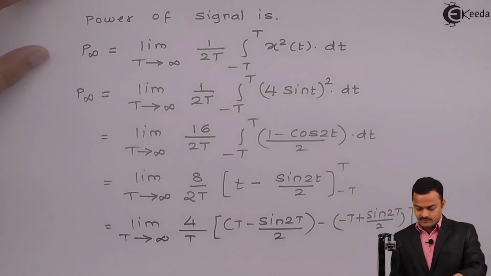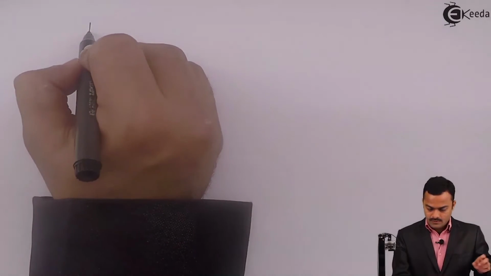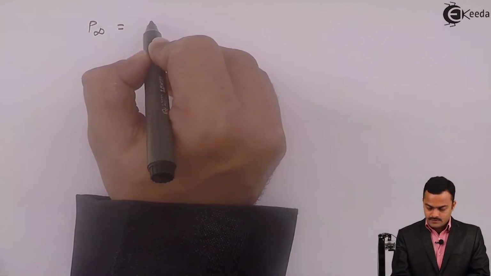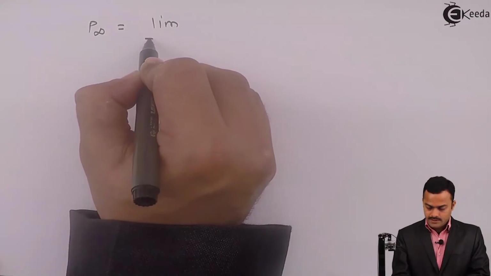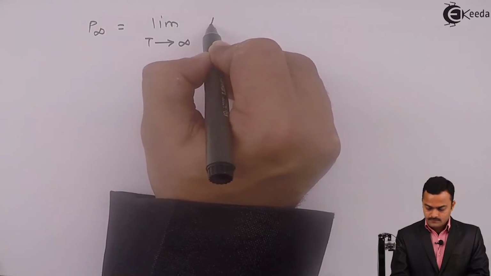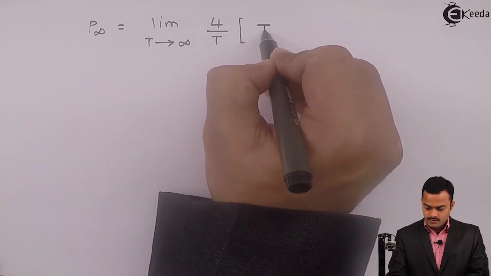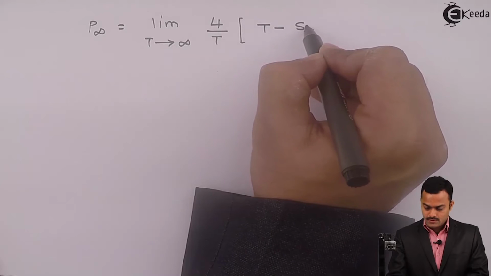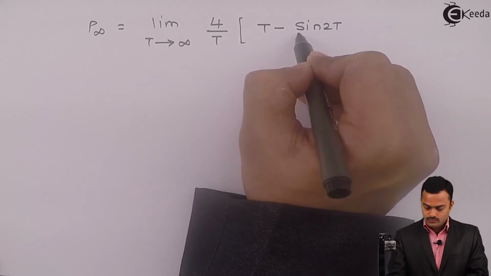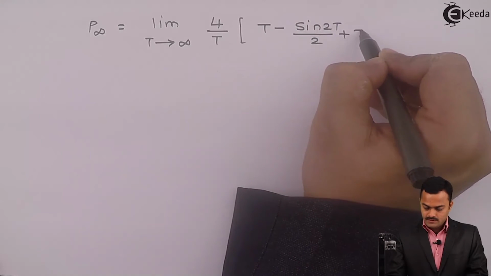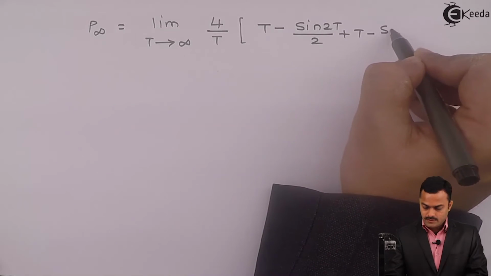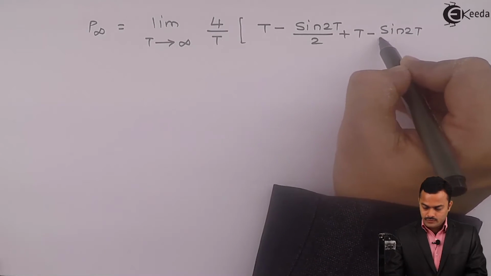Further, P infinity equals limit T tending to infinity 4 by T, T minus sine 2T by 2 plus T minus sine 2T by 2.